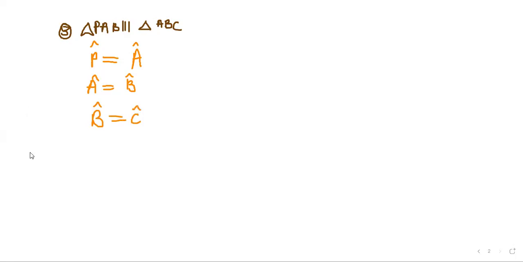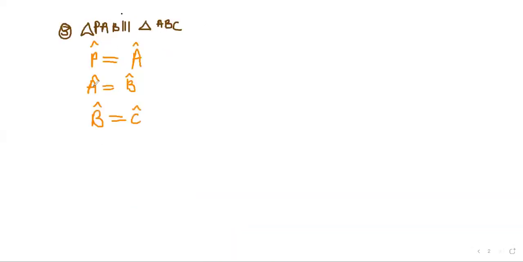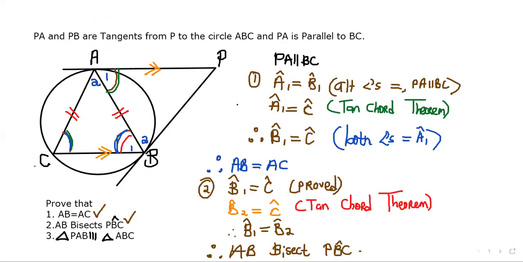And then after doing this, you are going to go to triangle PAB to check what you have. Remember that you said you are going to go to triangle PAB to check whether you're having A1 or B1 or C1.